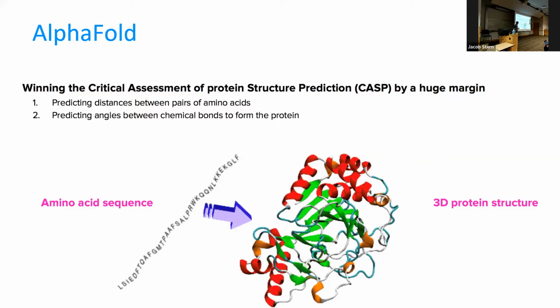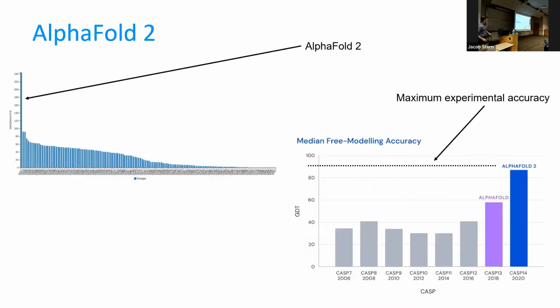However, they didn't completely solve the protein folding problem. Their accuracy wasn't really up to helpful accuracy for chemistry experimentalists. And so in 2020, they came out with AlphaFold 2, which was a much improved neural network architecture that, instead of predicting that distance map that I told you about, predicted the coordinates directly.